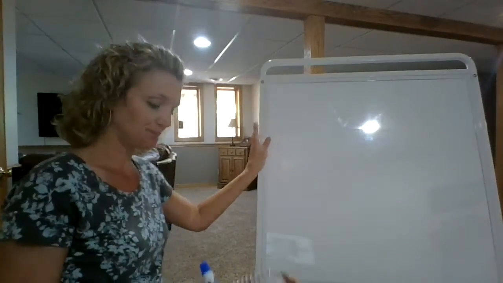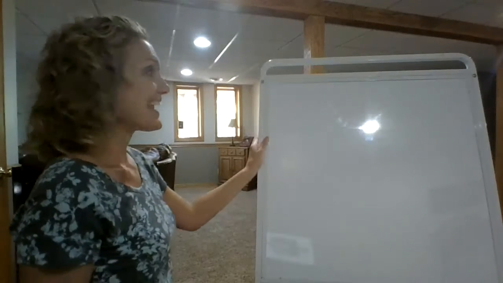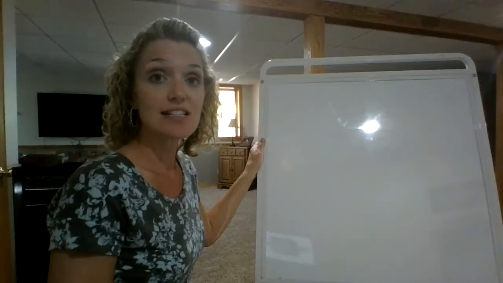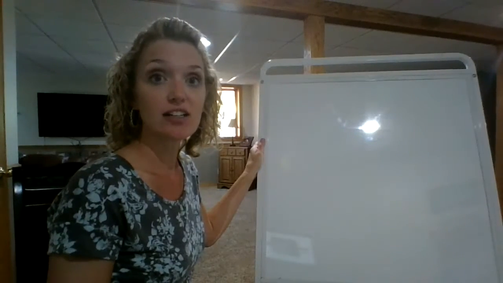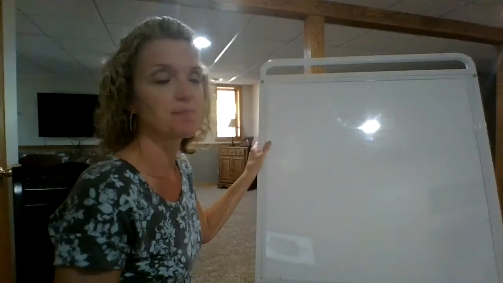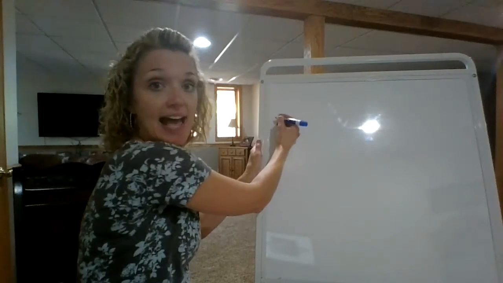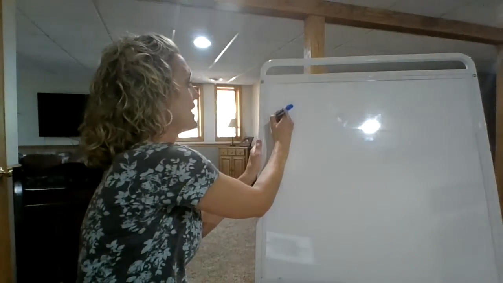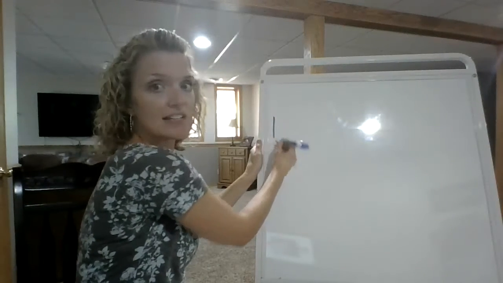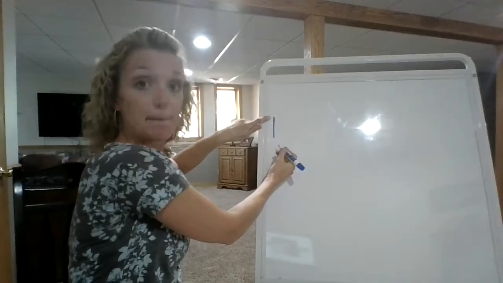So I'm always going to start on the left side of my paper or my whiteboard, but I'm pretending that this is paper. Okay? And another thing that I always do when I start a sentence is the first letter of the first word is always an uppercase. So my son's name is Evan. So uppercase E. And did you notice that I started my letter at the top?